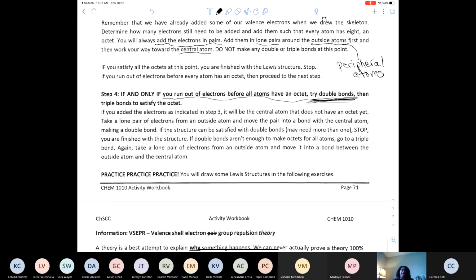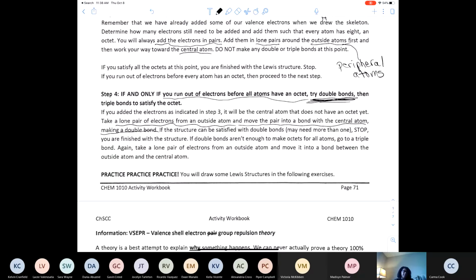If the central atom is not happy, if it doesn't have 8 electrons around it, then you've got to move a lone pair of electrons from an outside atom and move that pair into a bond with the central atom, making a double bond. If that satisfies the central atom, giving it 8 electrons, then you're finished.